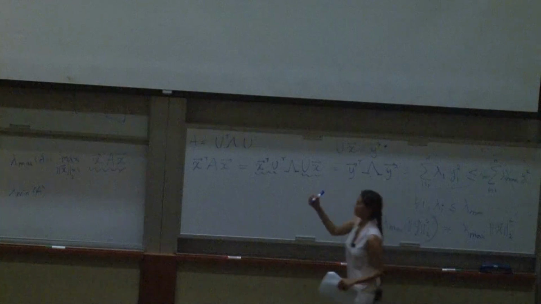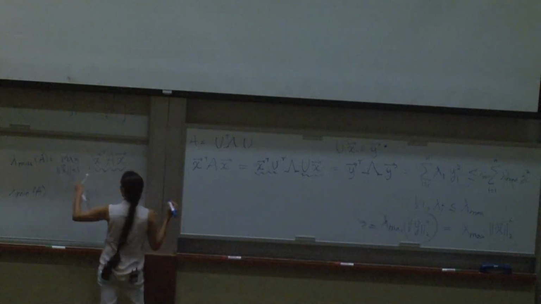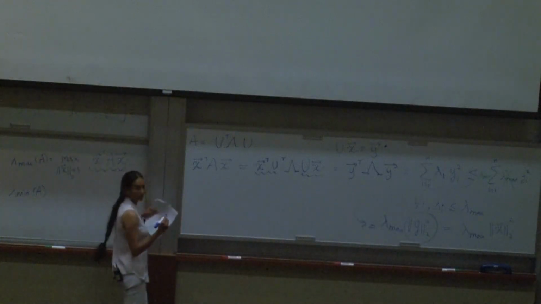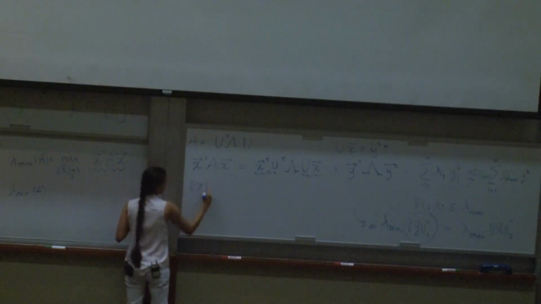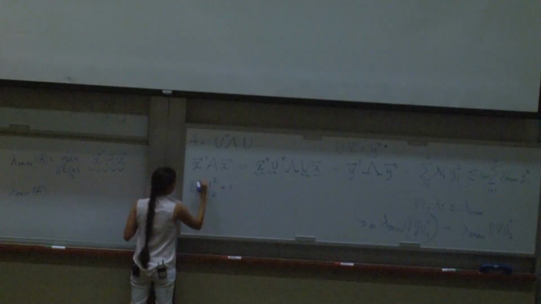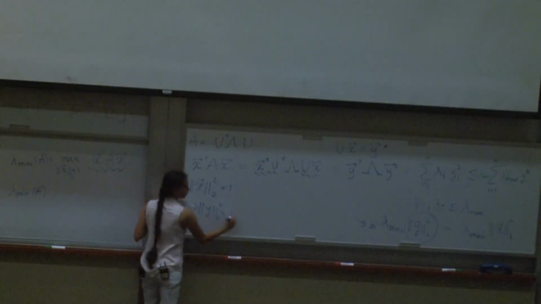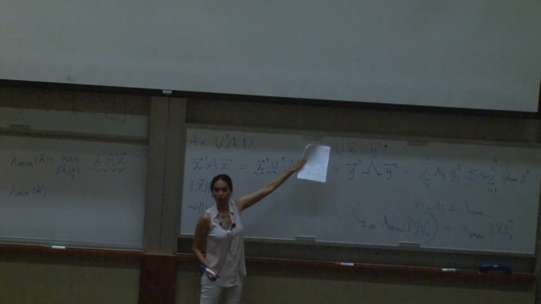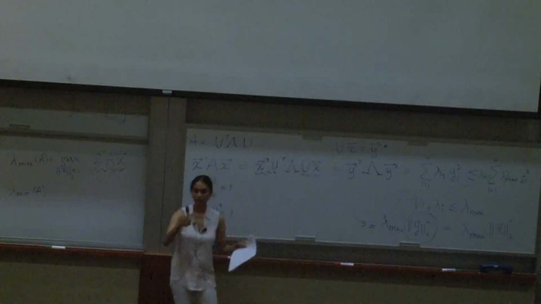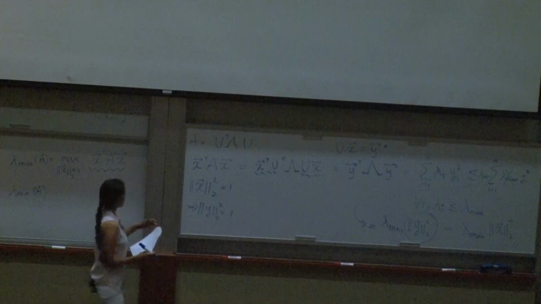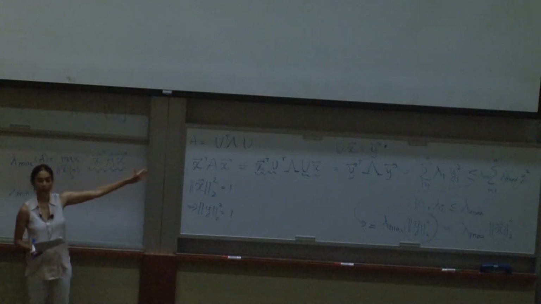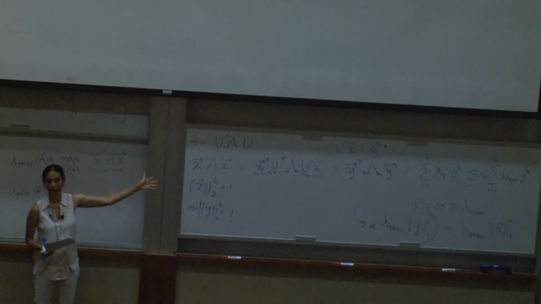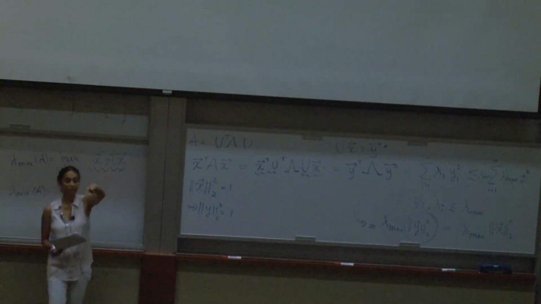And I'm saying that here we're looking at the maximization over all norm x equal to 1, so if norm x equal to 1, this implies that norm y equal to 1, because of our orthonormal relationship between the two. Yeah? This is true for any unit vector x. We've never used anything special about x here, right?